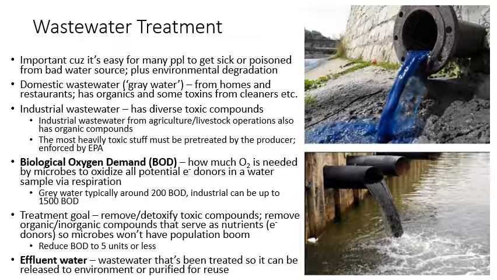At the end of the treatment process, what you're left with is called effluent water. Effluent water is wastewater that has been treated, and it's okay to release it now into the environment, or sometimes it might be purified so that it can be reused or even drunk.